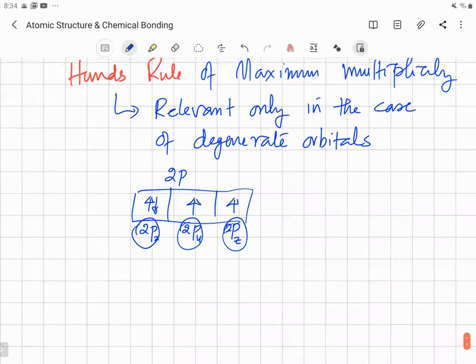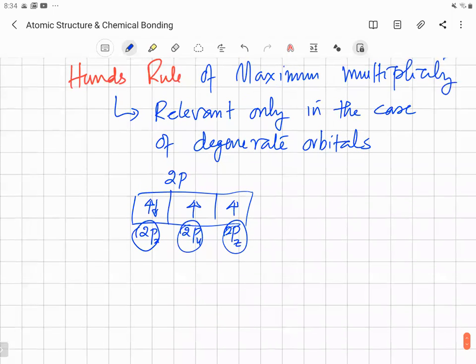So Hund's rule is applicable only in that case. If we have a set of degenerate orbitals, then Hund's rule says each orbital should be half filled first, and pairing takes place only after that. Say for example, if I have 4 electrons, the first electron will go to the 2px orbital, the second electron will go to the 2py orbital, then the third to the 2pz orbital.